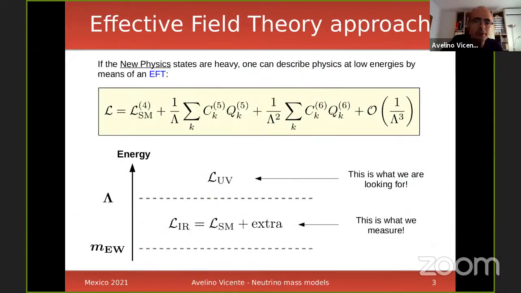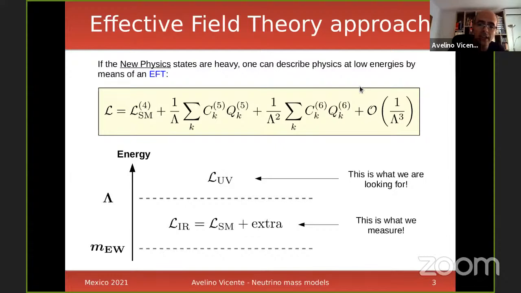I remind you also from yesterday that when you do effective field theory and you add higher dimensional operators to the standard model Lagrangian, the philosophy is that at some high energy that you call lambda, there is some ultraviolet theory with additional degrees of freedom, some particles.